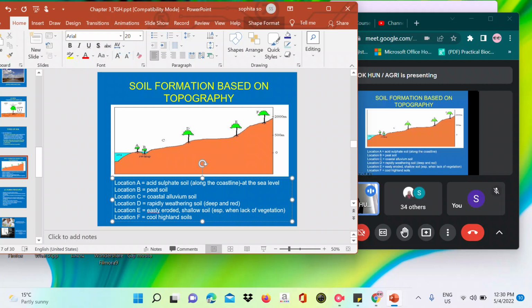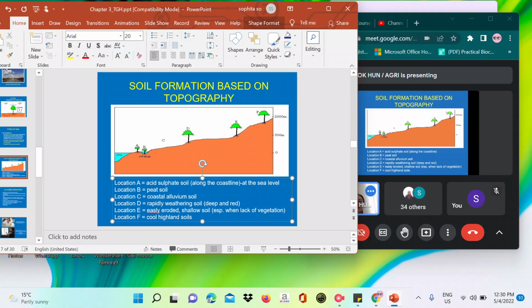Then location D, rapidly weathering soil, deep and red. So it is already higher than C. And then E, easily eroded, shallow soil. This has more lack of vegetation. That means when you go higher, fewer trees come out.